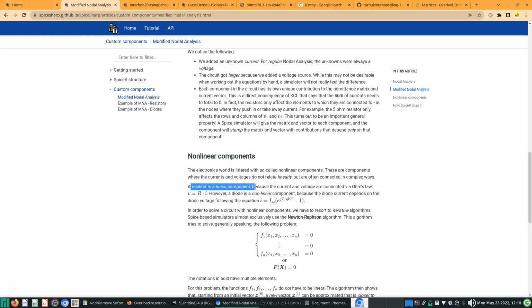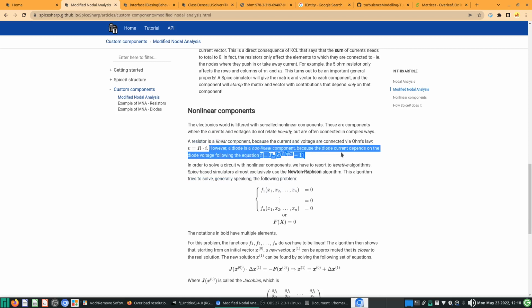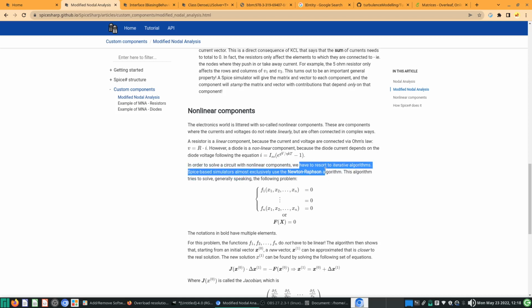It says here the resistor is a linear component because current and voltage are connected via Ohm's law, V equals IR. However, a diode is a non-linear component because the diode current depends on the diode voltage via an equation with some exponential term. So in order to solve a circuit with non-linear components, we have to resort to iterative algorithms. SPICE-based simulators almost exclusively use the Newton-Raphson algorithm.